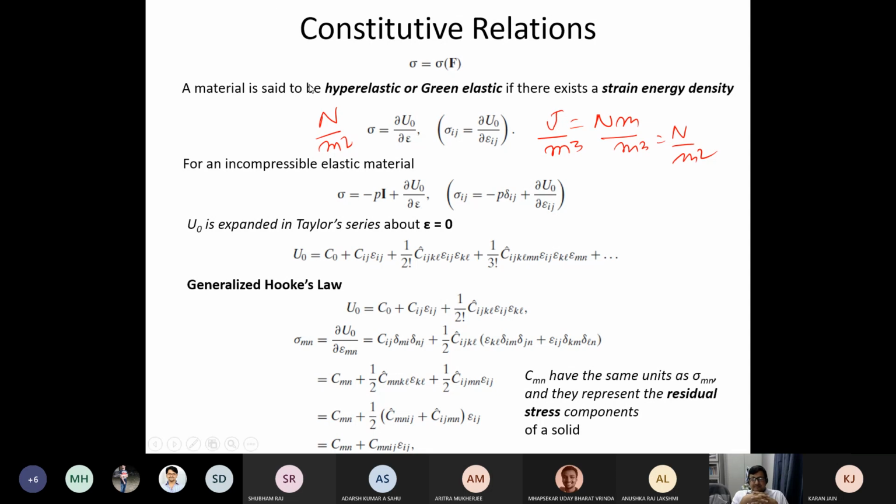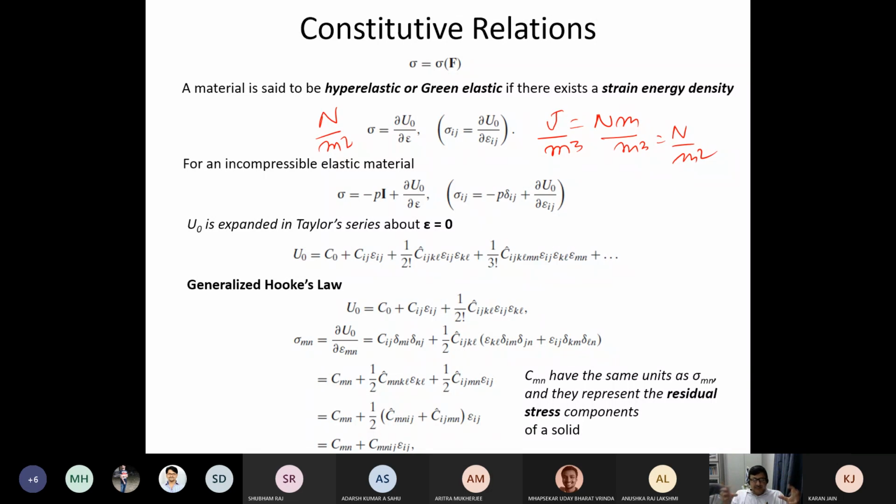A material is said to be hyperelastic or Green elastic if there exists a strain energy density where sigma is del U0 by del epsilon. So essentially you write sigma ij equal to del U0 by del epsilon ij, where U0 is a scalar and epsilon ij and sigma ij are the different types of stresses. So you have an object on which you are applying a lot of things, right?